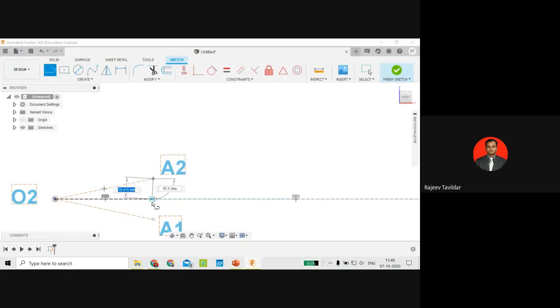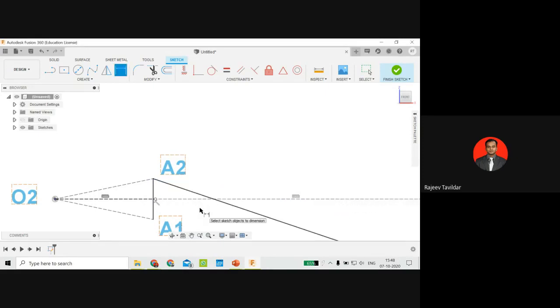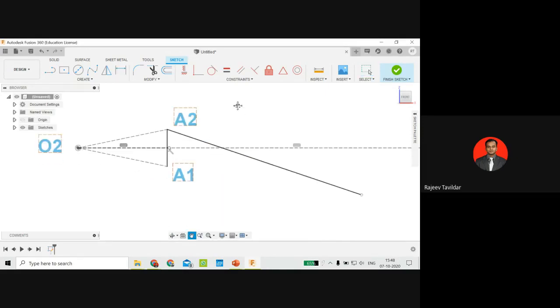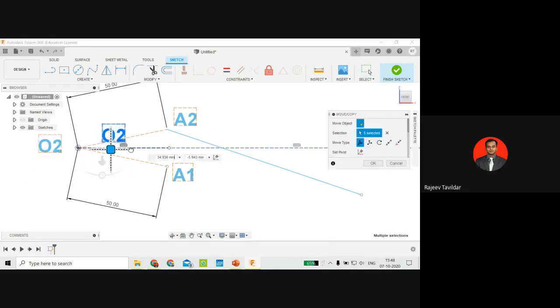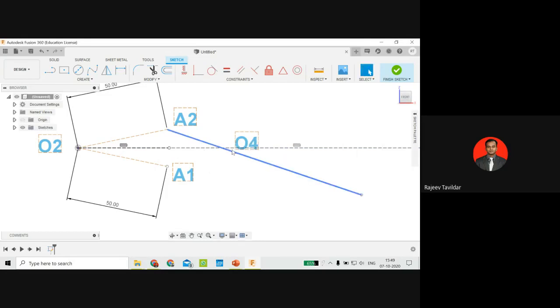I'll draw a line over here, just a construction line, and this angle you're supposed to draw as 72. Once you draw this angle, wherever it intersects the horizontal line becomes your point O4.